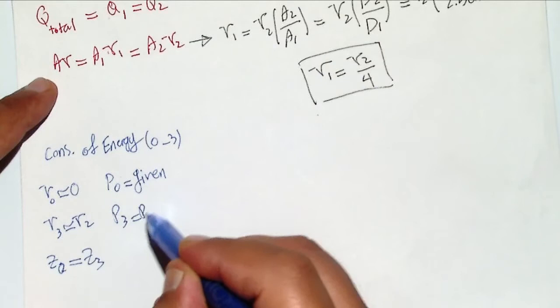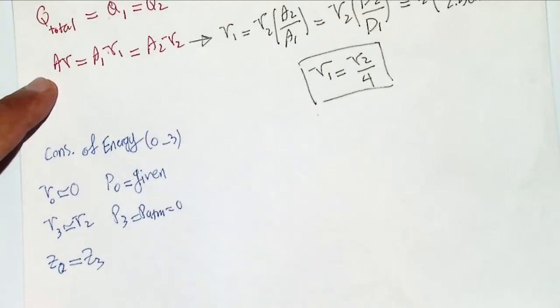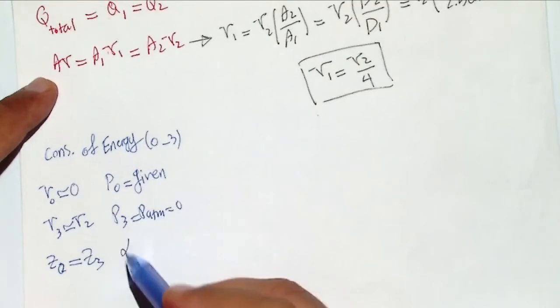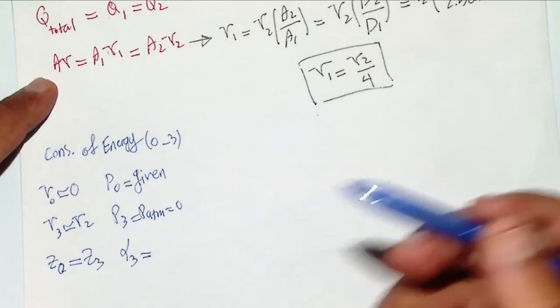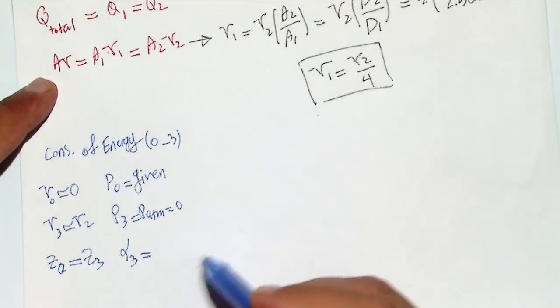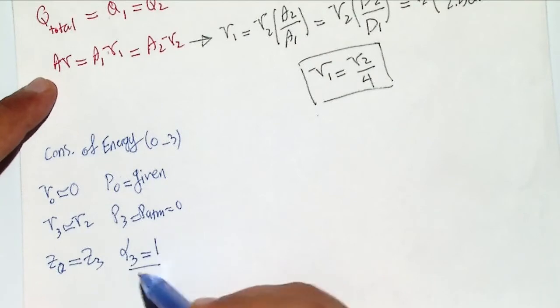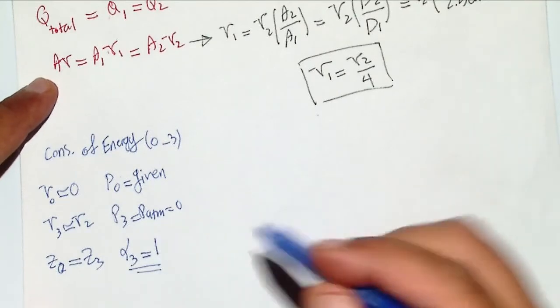P3 is atmospheric pressure, and you can assume it's 0. Alpha 3 you can assume, with uniform flow going out, is 1. It doesn't matter what alpha 0 is.